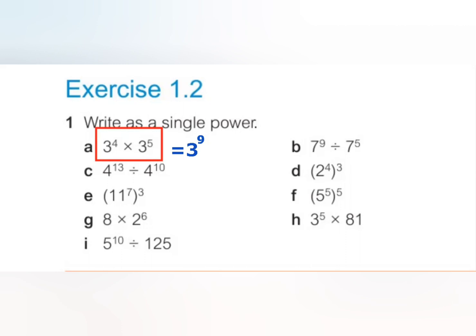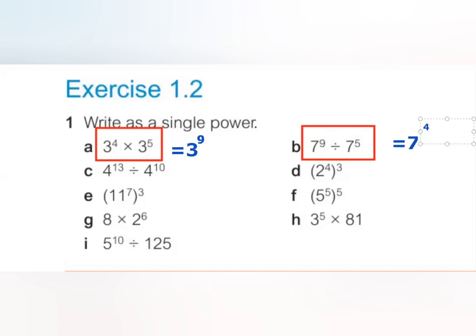If we're dividing the same base numbers, the answer is going to be the same base number, 7. And then the power will be 9 minus 5. So 9 minus 5 equals, very good, 4. So the power will be 4.